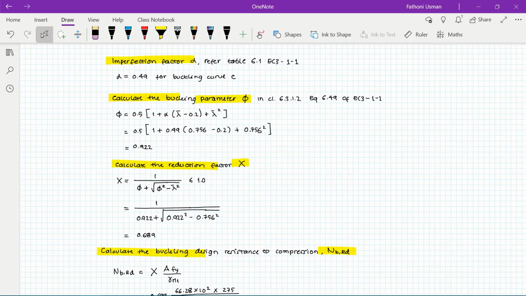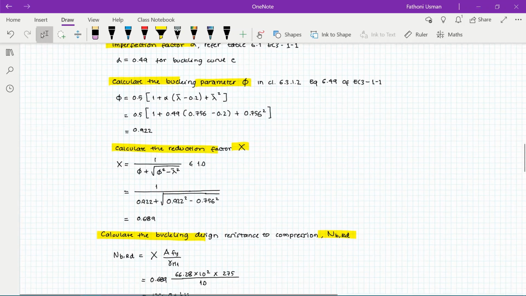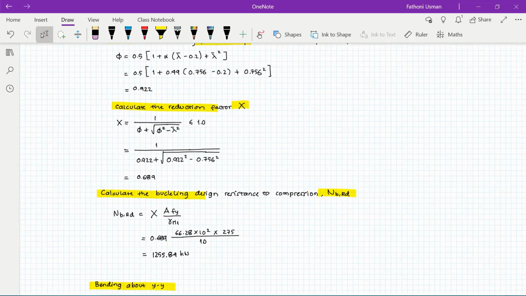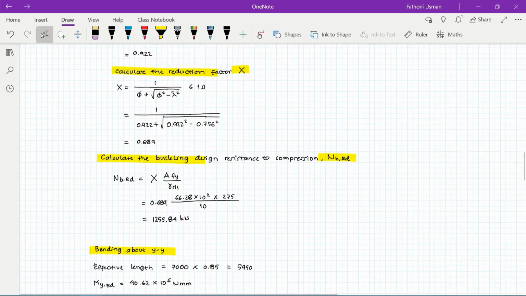So just fit into this expression. So we have phi is equal to 0.922. Then next is to calculate the reduction factor. The reduction factor should be less than or equal to 1.0. So we have here the reduction factor is 0.669.